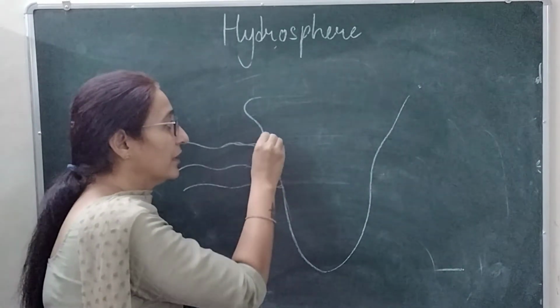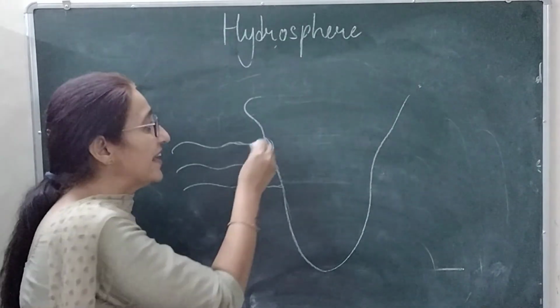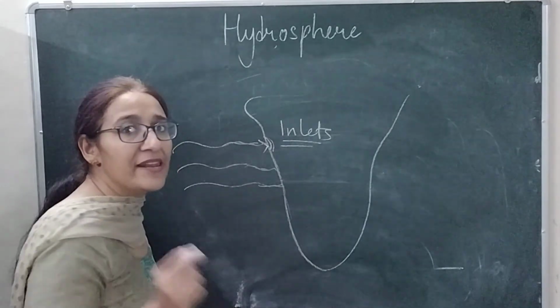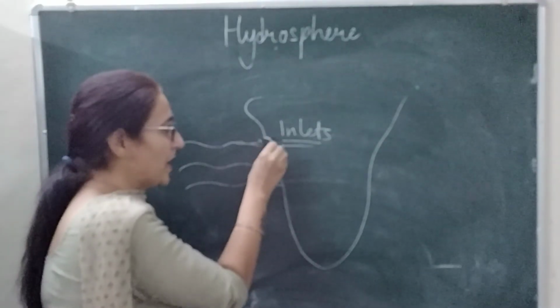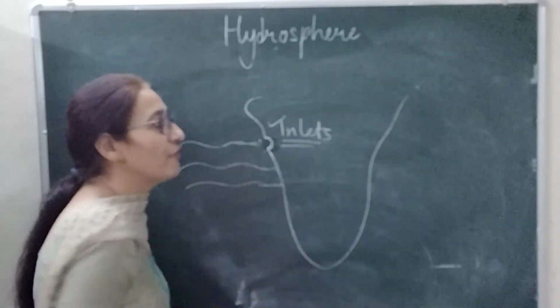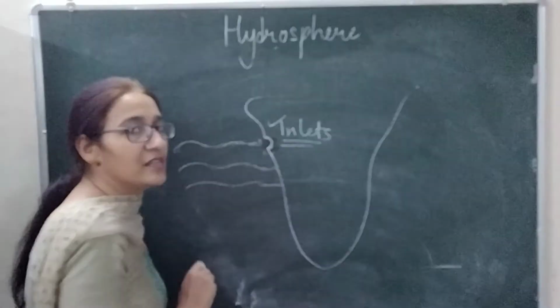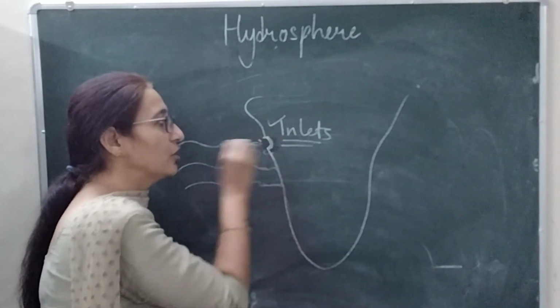So cracks will appear, some depressions, small inlets. Inlets means the narrow part of the sea. These kinds of narrow parts of the sea, inlets, will be formed. Again I am repeating, if high tides strike against the coastal areas, then narrow parts of the sea called inlets will be formed.